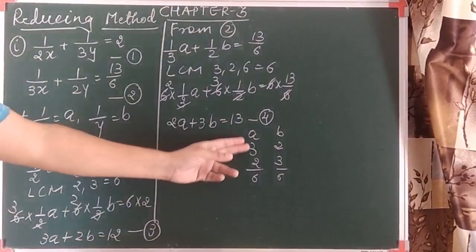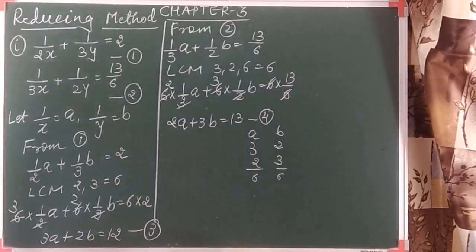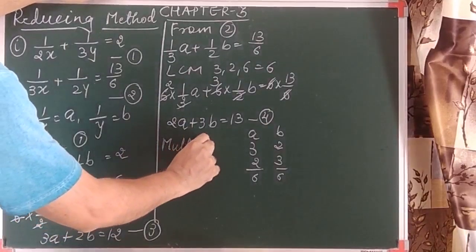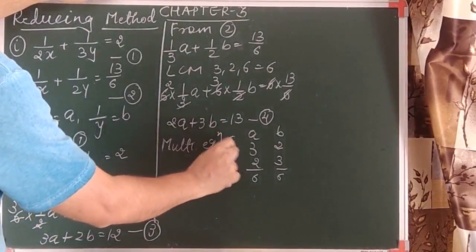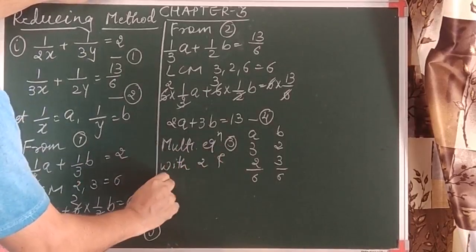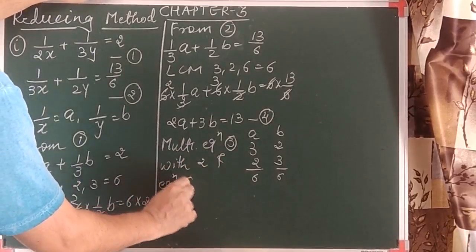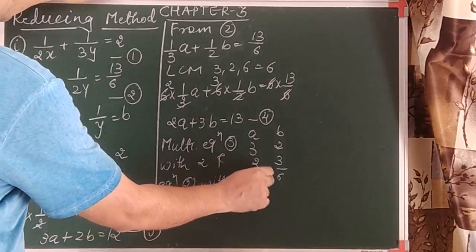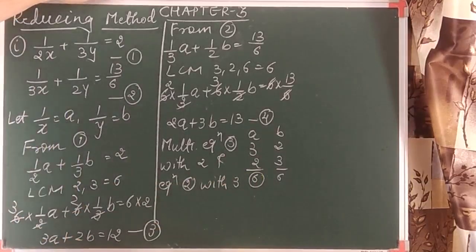Let's make the coefficient of a equal, that is 6. For that I should multiply equation 3 with 2 and equation 4 with 3. Why? As I told you, I want to make the coefficient of a equal to 6.